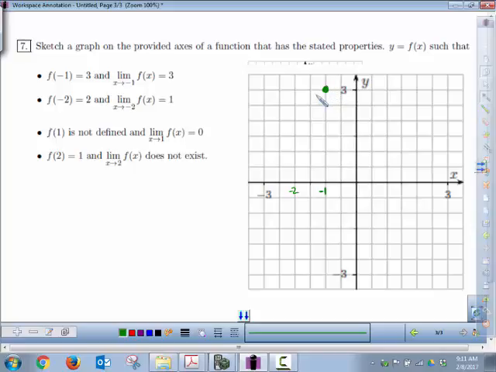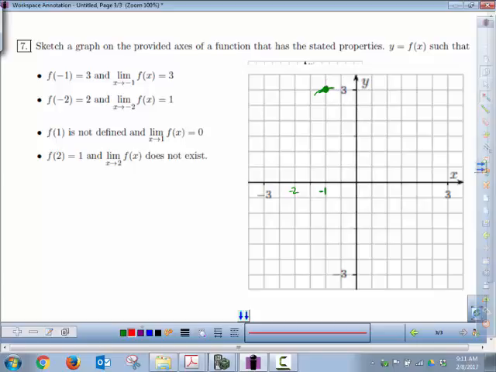And then the limit as x approaches that is going to be 3 also, so it'll just pass through there. So that's the nice one. That's the nice point.